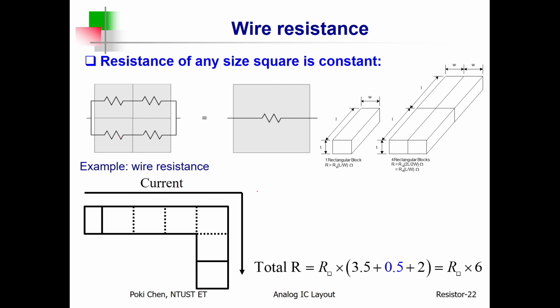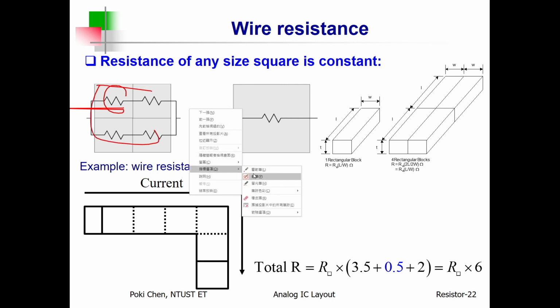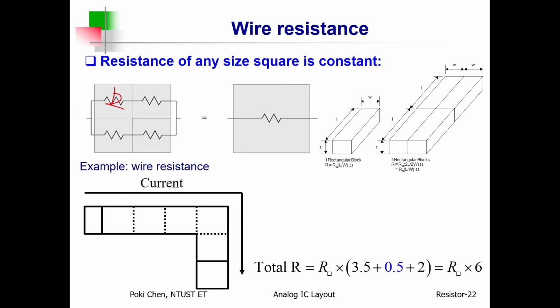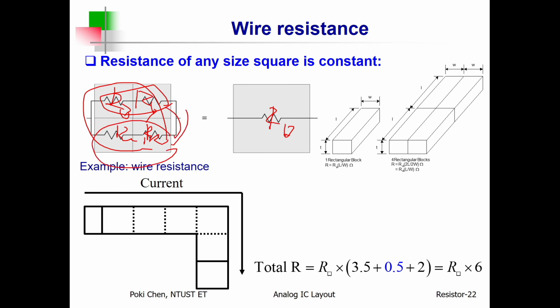Then, if you connect the squares 2 by 2, you will see R square. And for all those 4, how much can you achieve? The same R square, because you have 2 R square here and 2 R square there. Connect them in parallel, and you get R square.